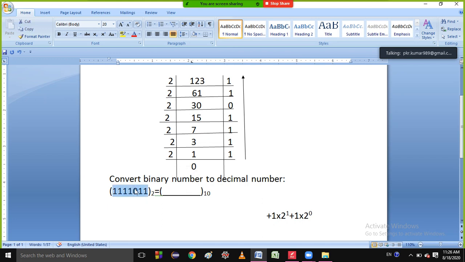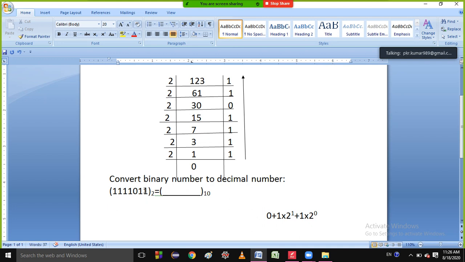Students, are you able to see this number 0? Next term comes. Okay students, let me tell you again. We will start from the right side.